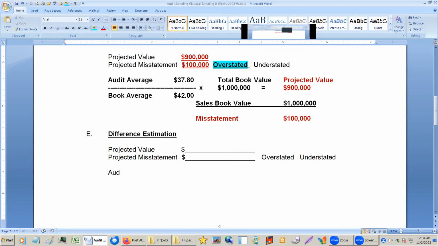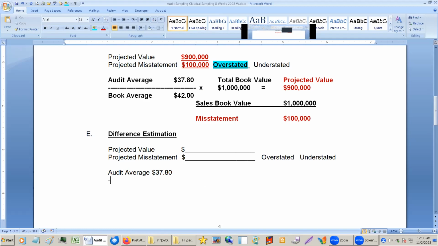Okay, so we'll take our audit average, 3780. And we'll take our book average.